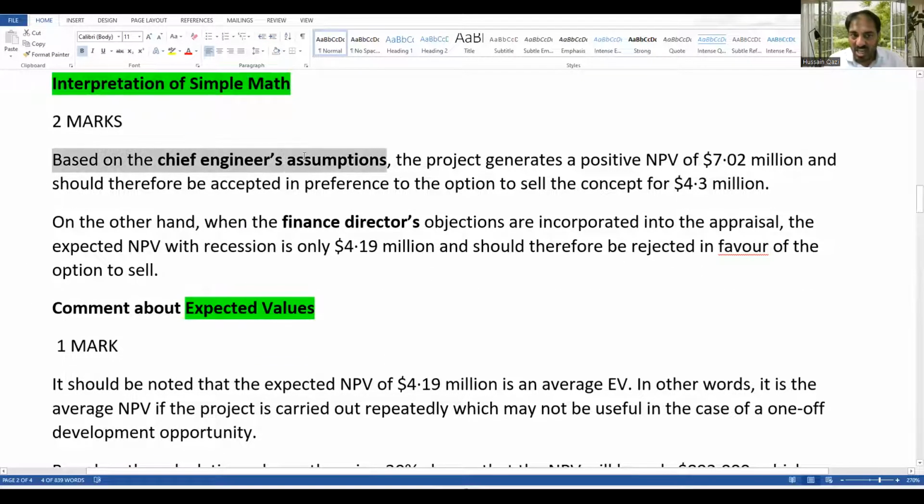Based on the chief engineer's assumption, the project generates an NPV of 7.02 million and should therefore be accepted, as compared to the option to sell the concept at 4.3 million. But when the finance director's objections are incorporated and considering the expected value, the NPV with recession is 4.19, so it should therefore be rejected in favor of the option to sell.